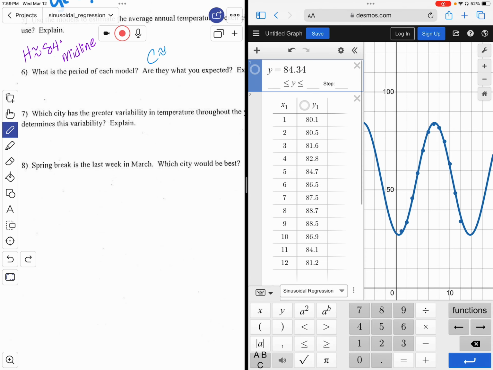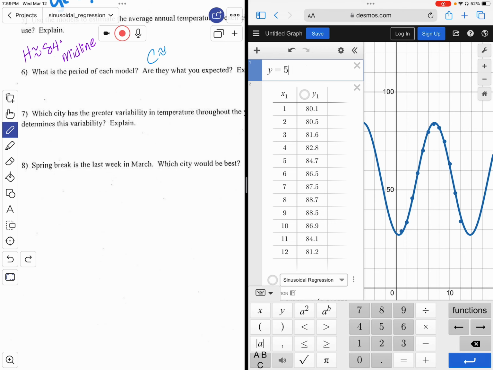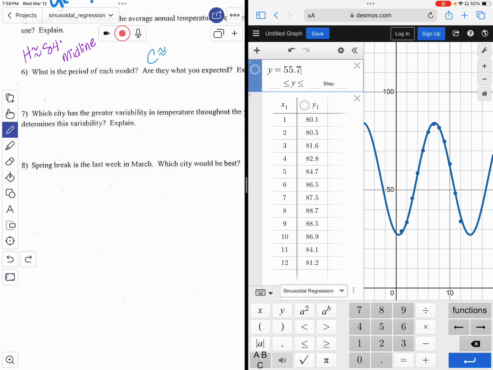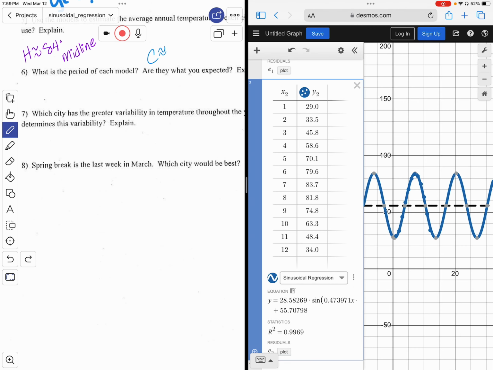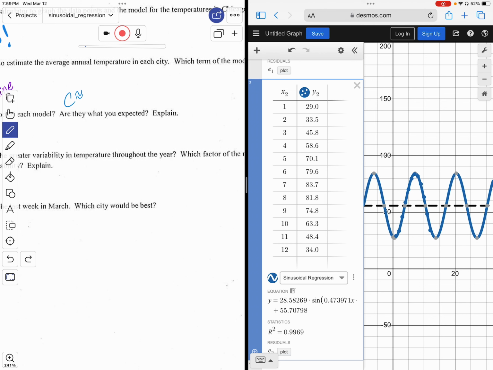You don't have to graph it, but it's just for visual. It came from our regression. Right there's about the middle of my graph. We have temperatures that are higher than that, temperatures that are lower than that, but that's right about the middle. So I would say about 56 degrees. And again, we had to use the midline because it is the middle of our data, that average value.